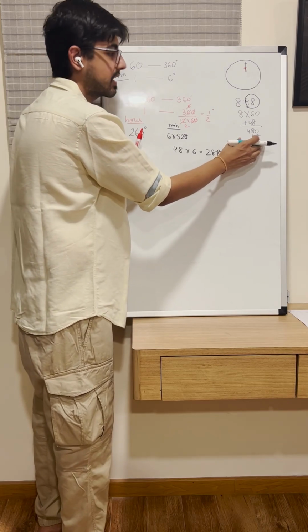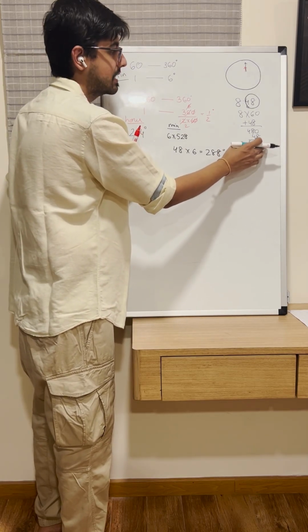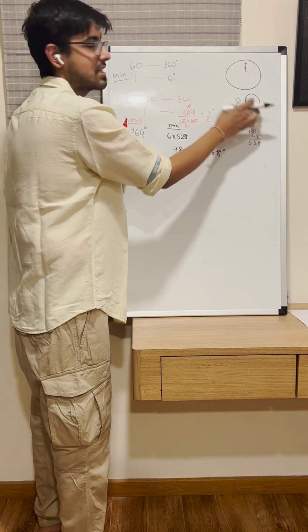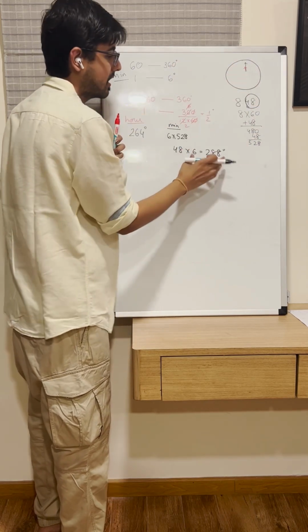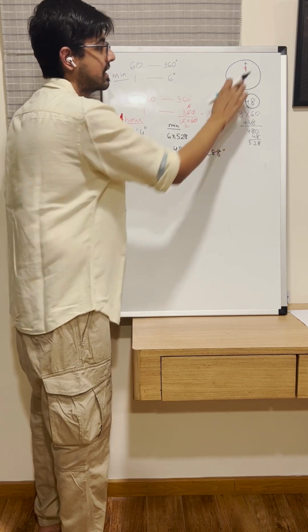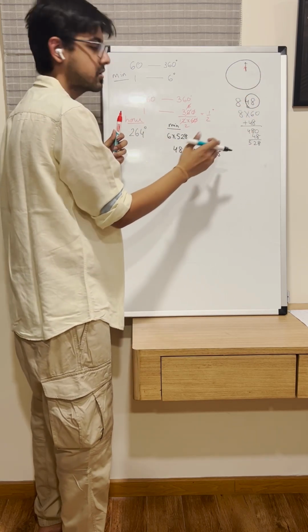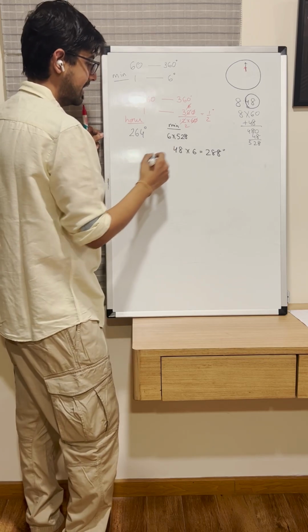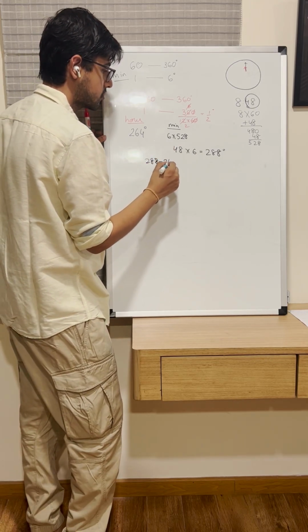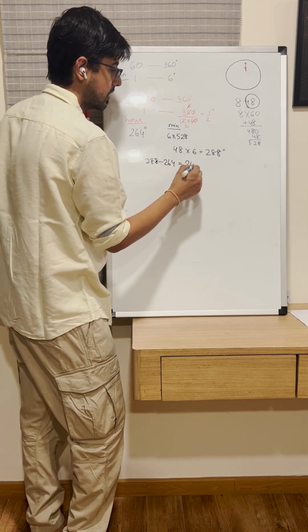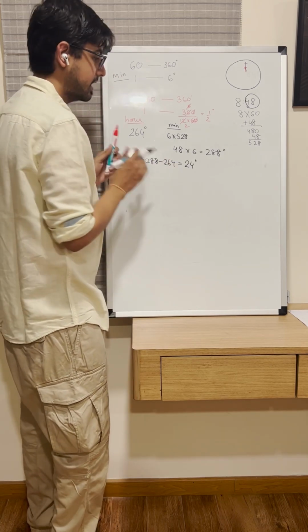Now, if I would have taken 528 minutes, for the 8 into 60, it would have been a multiple of 360, which would essentially come back there. I just want the deviation, and that is 288 degrees in 48 minutes for the minutes hand. So now the delta between this is 288 minus 264, which is 24 degrees, right?